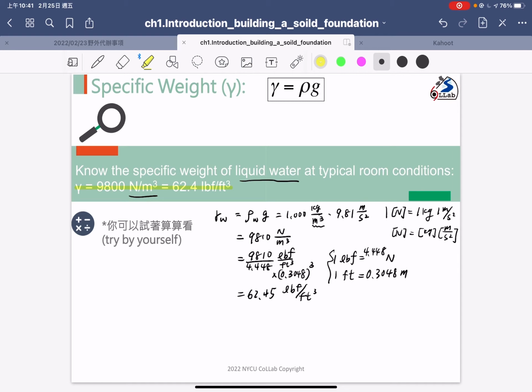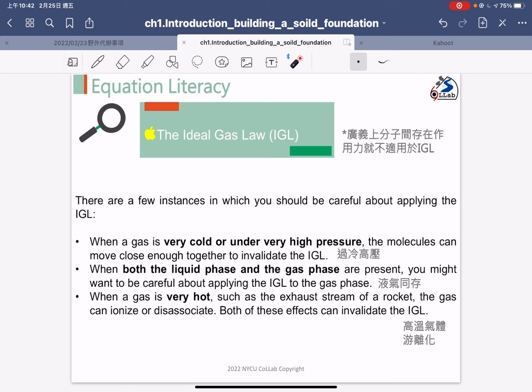So the next important equation for the gas, we call that the ideal gas law. As I mentioned, the basic assumption of the ideal gas law is there is no interaction force between two particles.